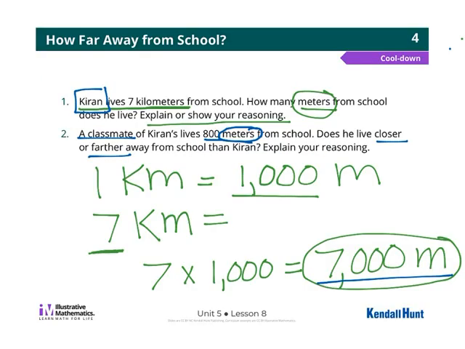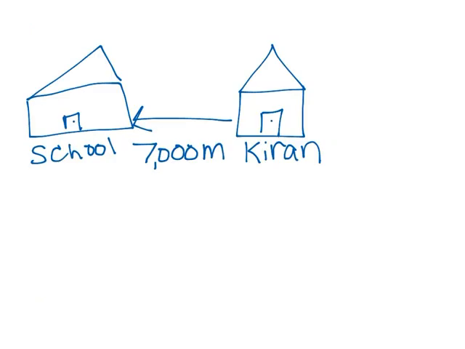The question is asking, does Kieran's classmate live closer or further away from school than Kieran? Well, we know the classmate is 800 meters from school. So the classmate, we'll just do that color. So the classmate is 800 meters from school. Well, 800 is less than 7,000.